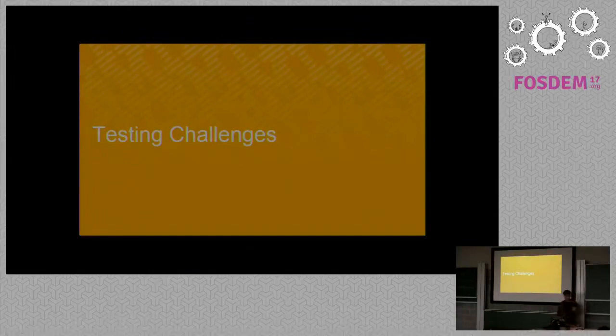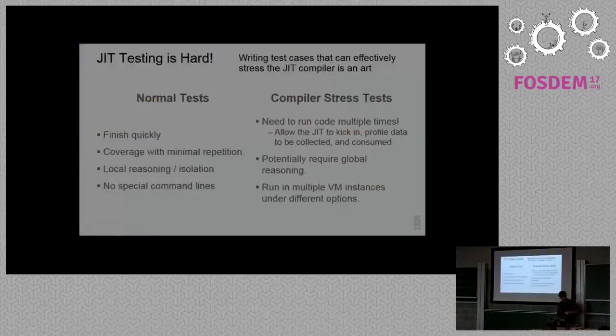There are some challenges in testing a JIT, and this is the big one. This next slide is dense because this is a thing I have feelings about, but I'll keep it short. JIT testing is hard.